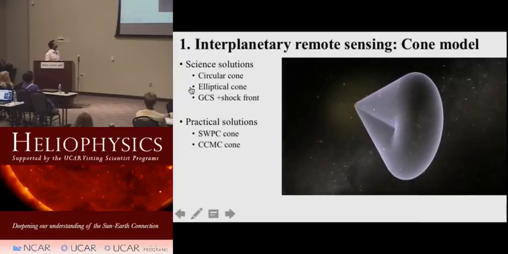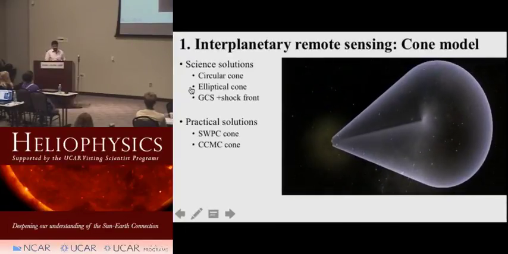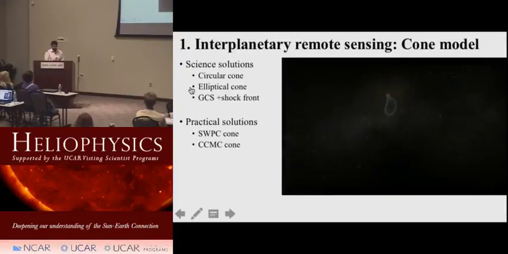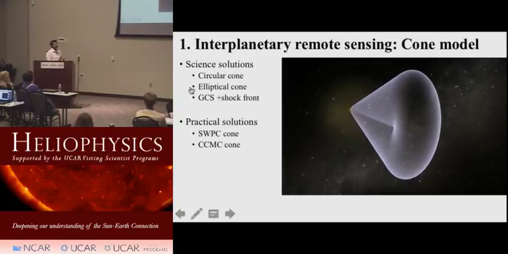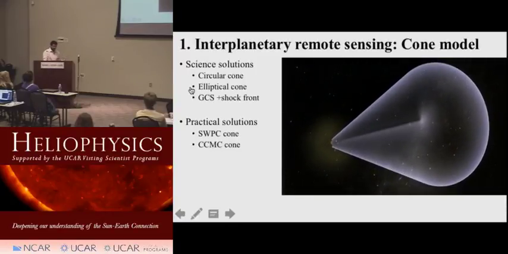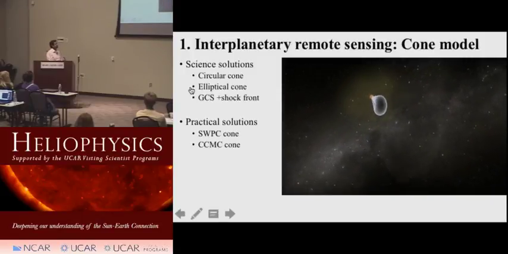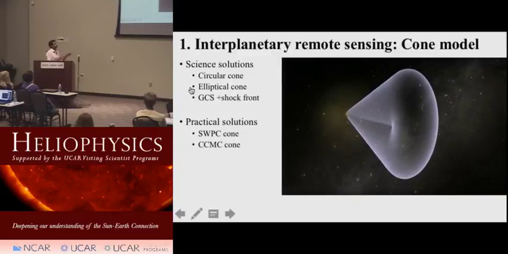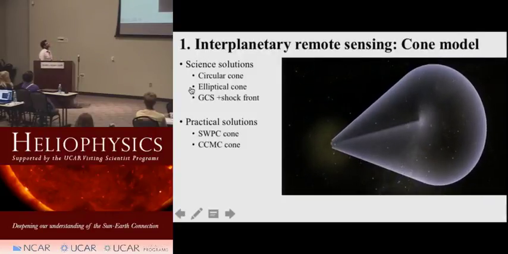I wanted to show this movie. This is another methodology of trying to get an idea of its velocity and its general geometric structure. What I'm talking about is the cone model. So I'm going to go through a variety of different methods for the cone models, different to the JMAP technique. There are several different ways of doing that.